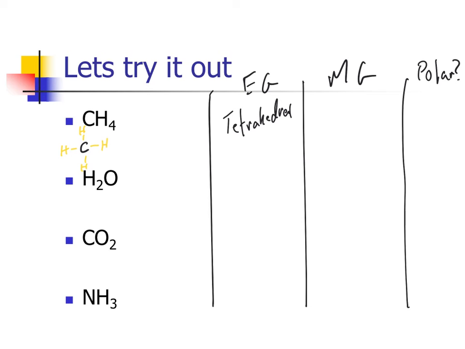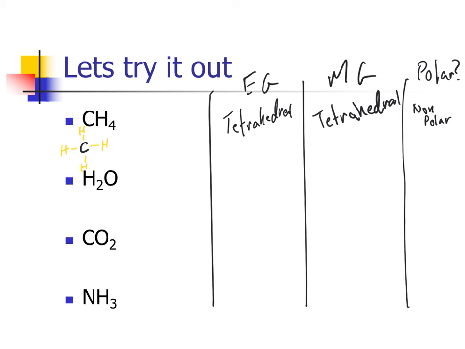Because all 4 regions are bonding, the molecular geometry is also tetrahedral. I think I spelled that wrong. We'll get to it later. And everything is pulling the same. So since it's symmetric, nonpolar. Everything pulls the same.